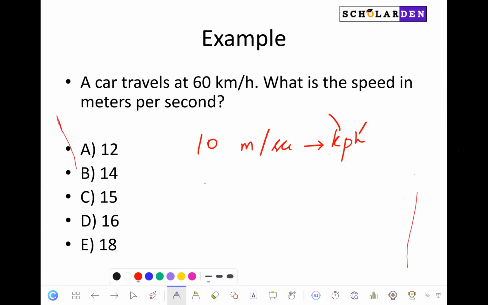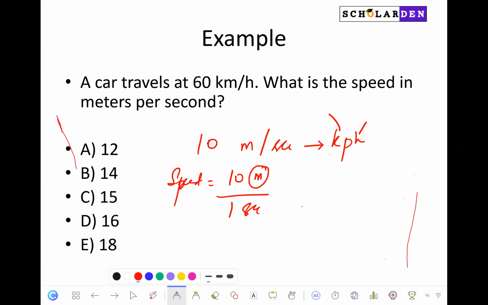So the original speed is 10 meters per 1 second. We can first convert time, and then convert the distance. We've already seen how time is converted, so let's look at distance.